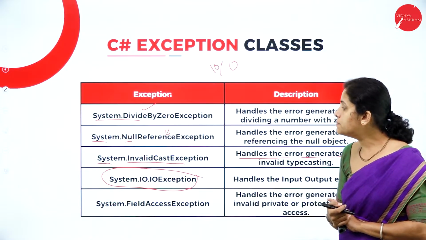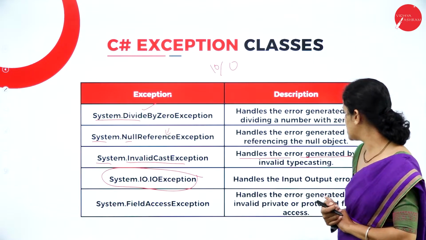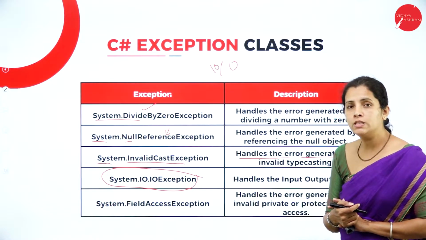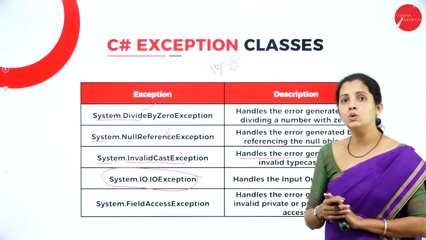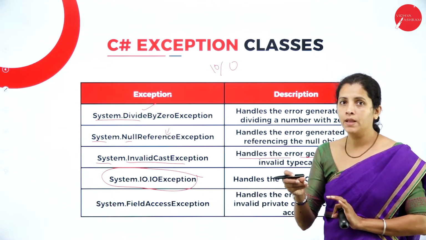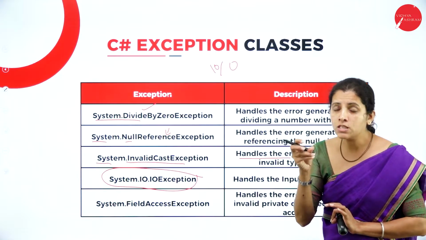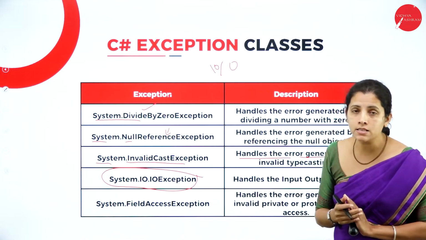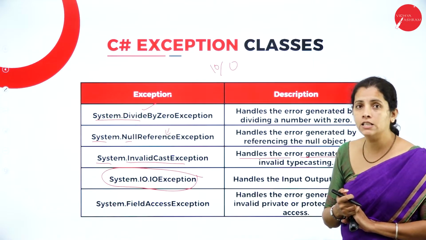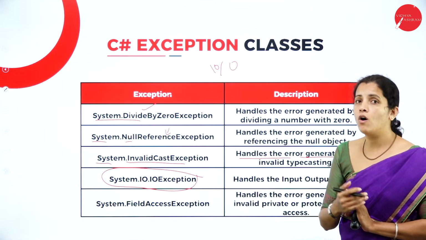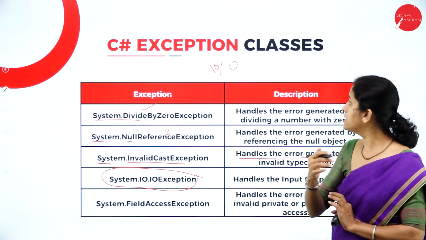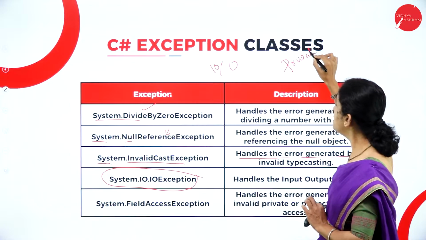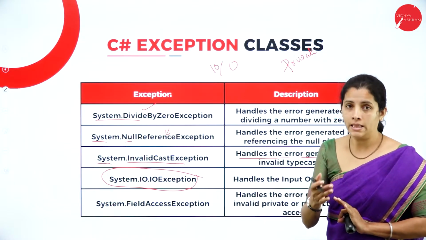Then System.FieldAccessException. There are certain times I use an access specifier to protect a field. And if I use an access specifier, even if I try to access that field, it generates some kind of error. For example, think that I have private data members as well as methods.